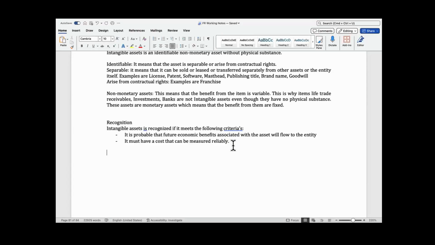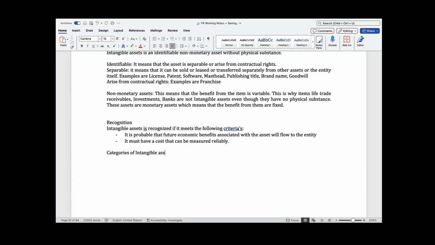Now, when it comes to recognition, we need to also then move straight to measurement. But in terms of recognition, there are different categories of intangible assets.